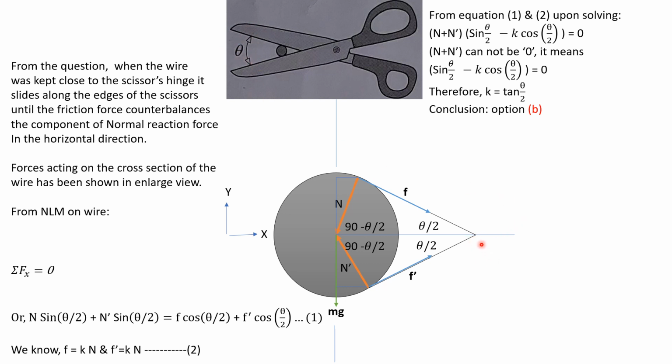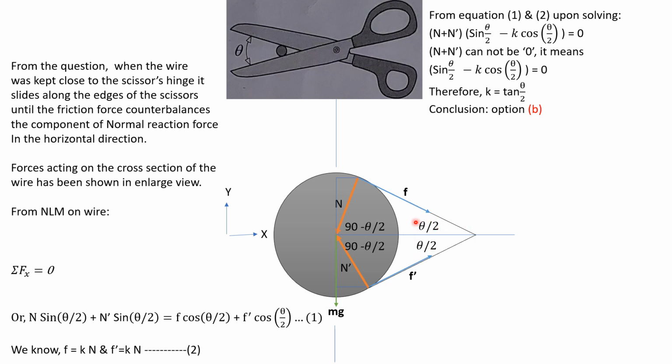When we draw a line from this point to the center, because the normal forces are always towards the center and the friction force is perpendicular to N and N dash, this line divides the angle into two equal halves.